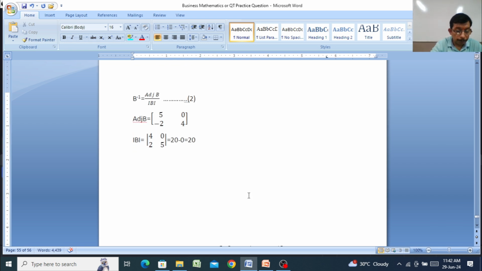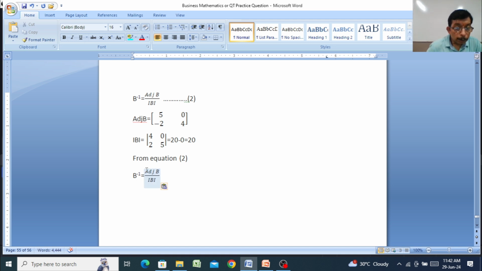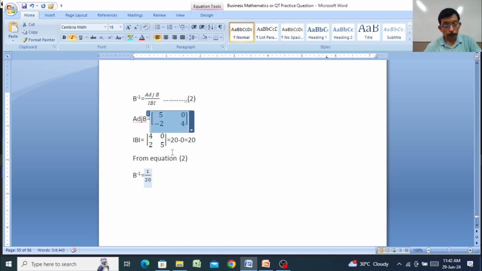Now from equation second, B inverse is equal to adjoint B upon determinant of B, which is 20, and the adjoint B value is noted down here.